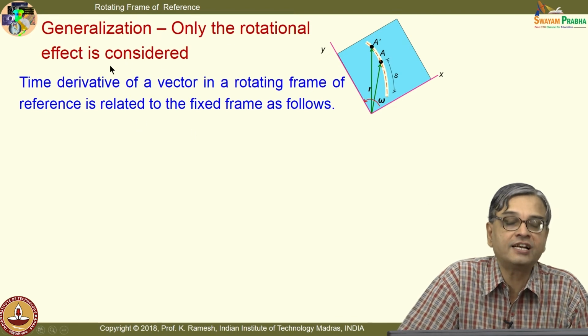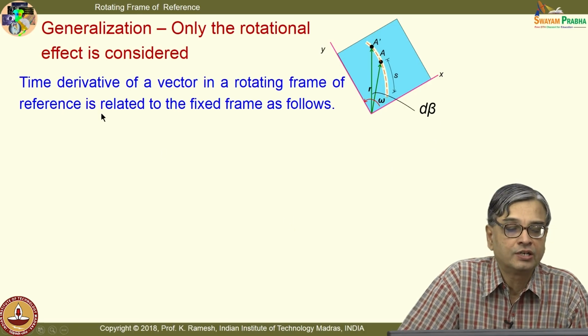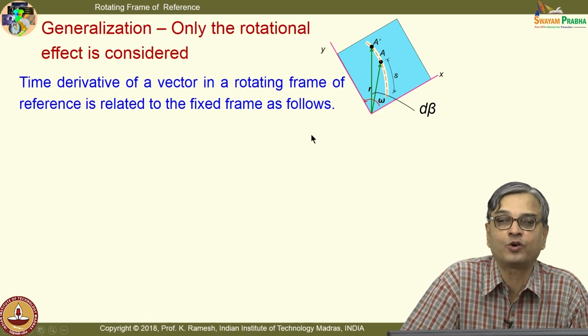So, only the rotational effect is considered. We are not looking at the translational part of it. I have two positions A and A prime, please make it, and these differ by an angle d beta. Okay. The time derivative of a vector in a rotating frame of reference is related to the fixed frame as follows.